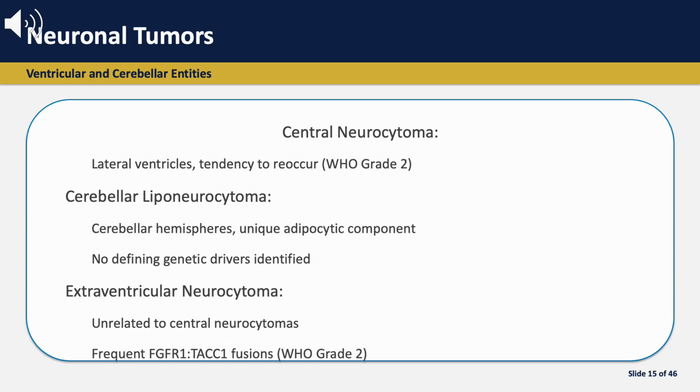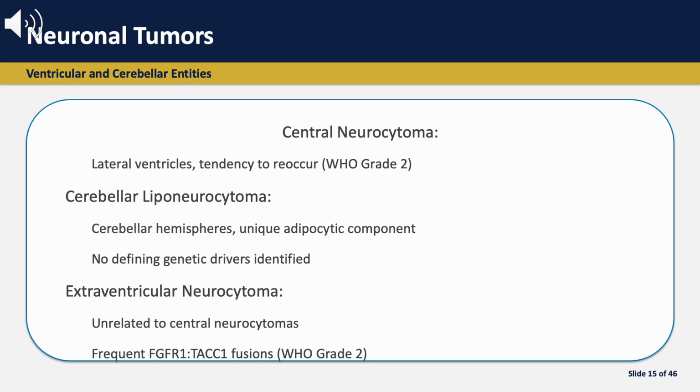Neuronal tumors include central neurocytomas, which are characteristically located within the lateral ventricles and show a tendency to recur despite their low-grade histologic appearance and are considered WHO grade 2. Cerebellar liponeurocytomas are related entities that preferentially arise within the cerebellar hemispheres and exhibit a unique and defining adipocytic component.